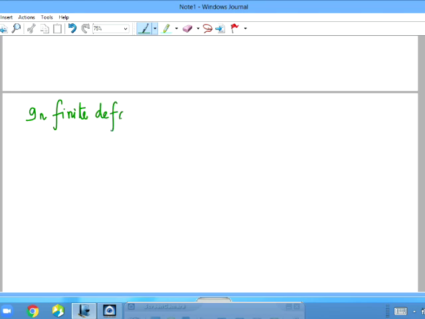In finite deformation theory, we have two types of nonlinearity.